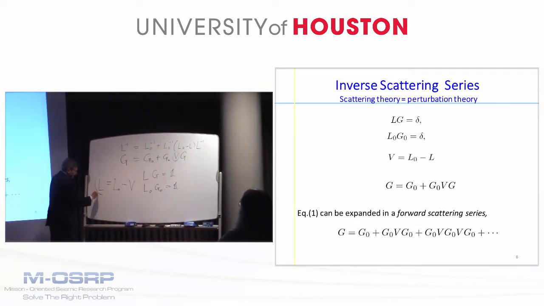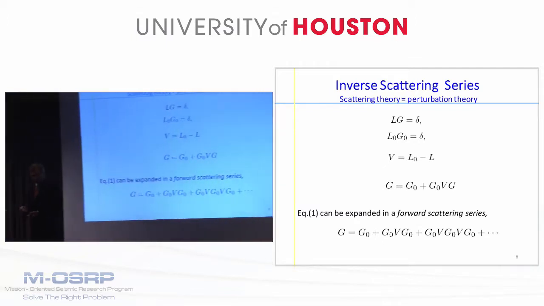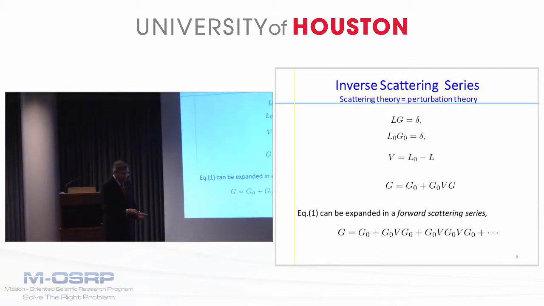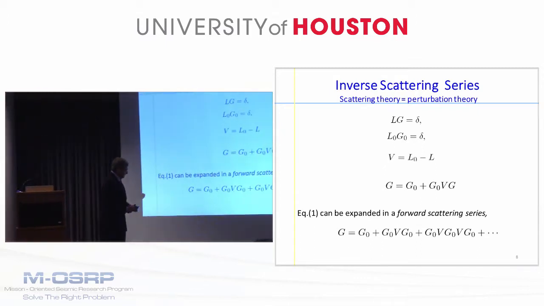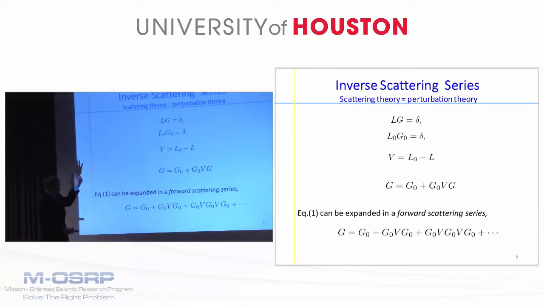So this has to produce G. Actual properties produce the actual wave, yes? But it produces it in terms of L0 and V. L0 enters as G0 and V enters as itself, okay? So when you're seeing this G0 thing here, you're seeing an L0, something about the reference, yes? And the V gives you the difference. But this is a tremendously profound statement. First of all, if you want to do modeling, you've got to tell me L.